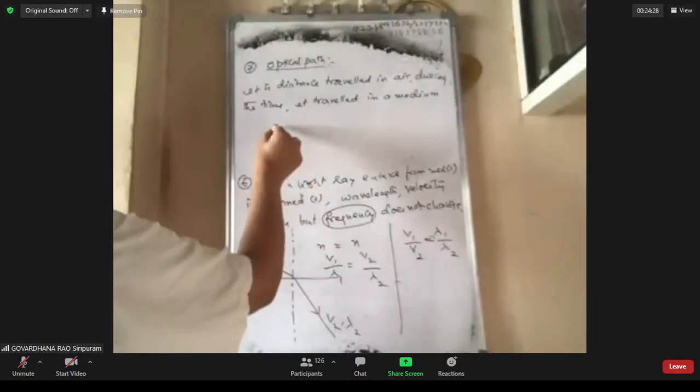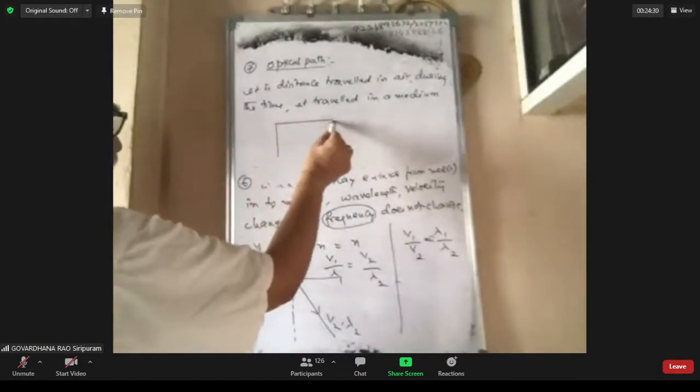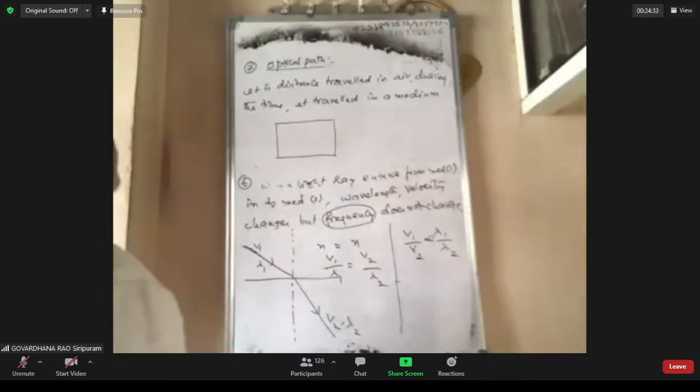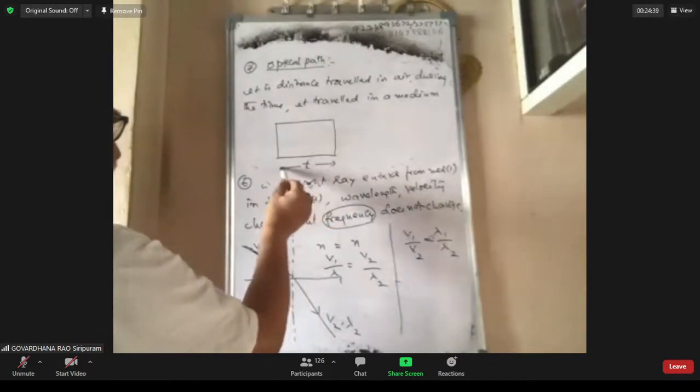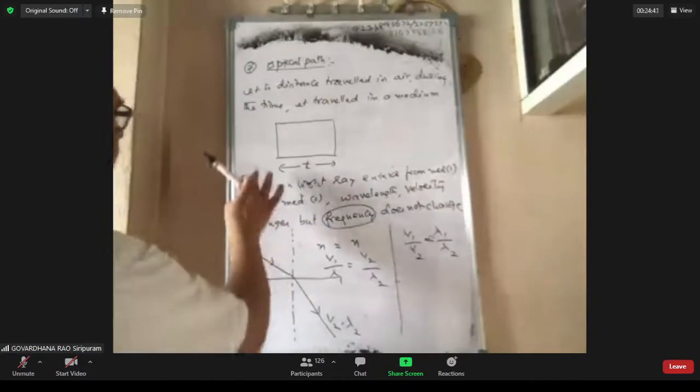You take this is the medium. Thickness of the medium is T.